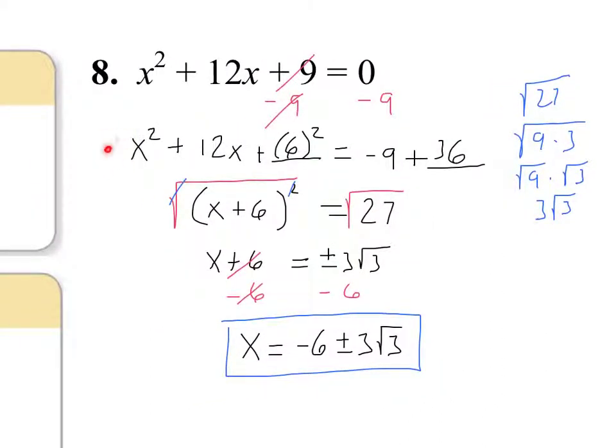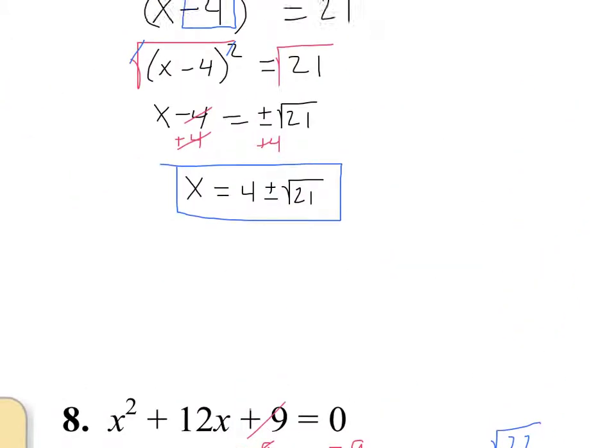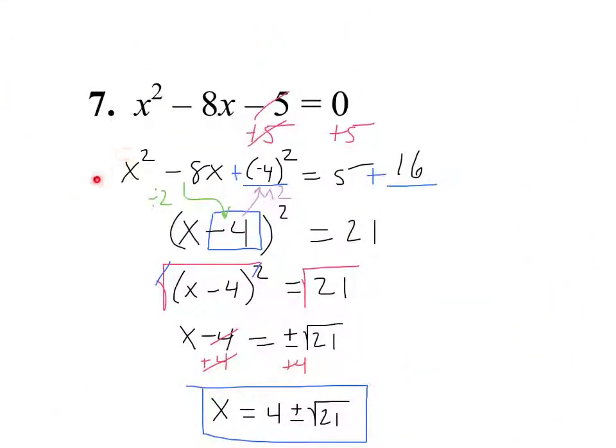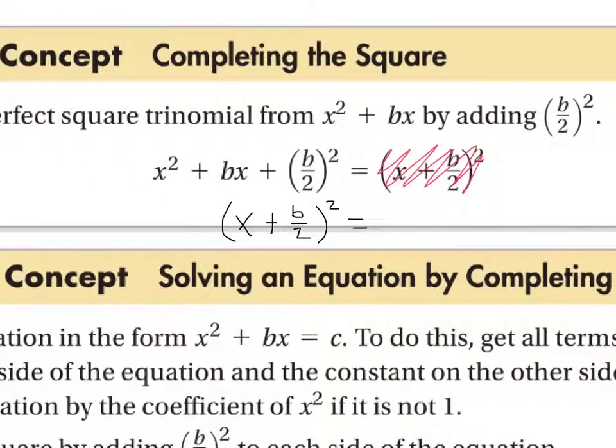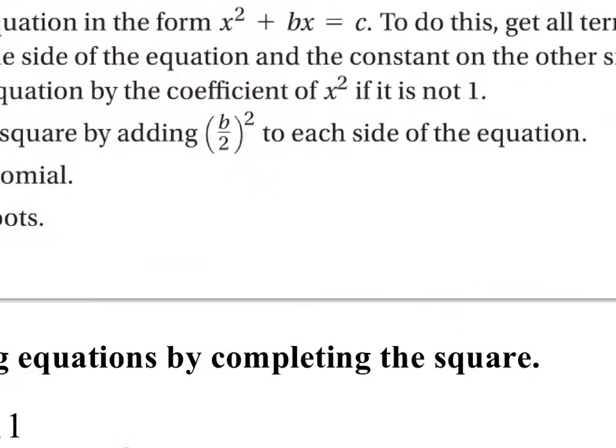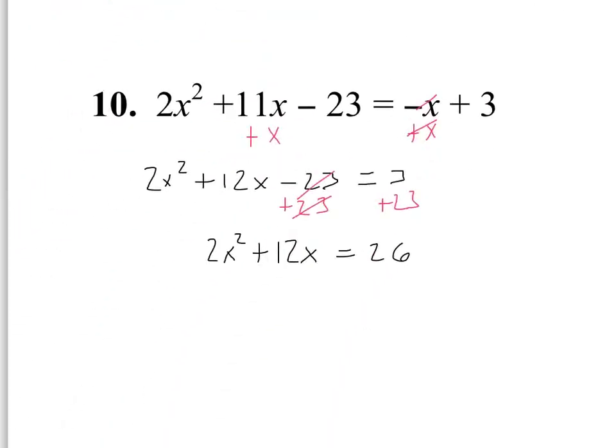We've got a 1 sitting there. If we look back at number 7, what's the number out in front of x squared? A 1. If we look back at the rule, what's the number out in front of the x squared? A 1. To do this, you have to have a 1 out in front of your x squared.